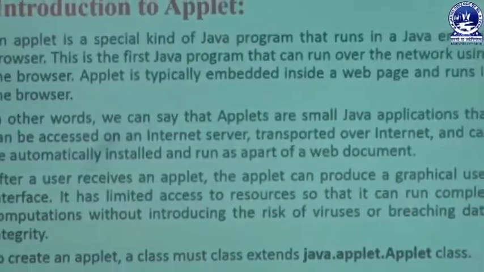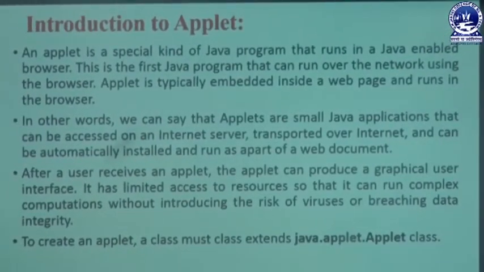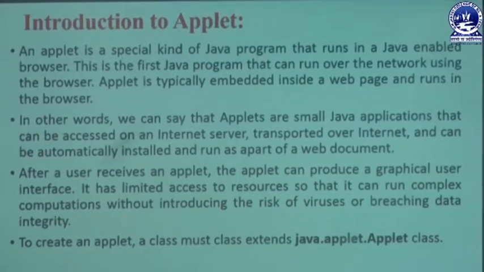Next we can learn how to create an applet. Especially, that applet program must be created by importing a specific type of package that is known as the applet package. Similarly, we know that Java provides lots of packages like the IO package, then util package, then lang package, then the network package, that means net package, then the AWT package, that means abstract window toolkit package.